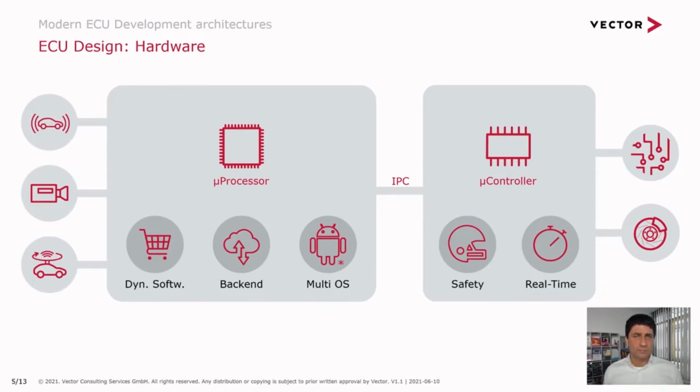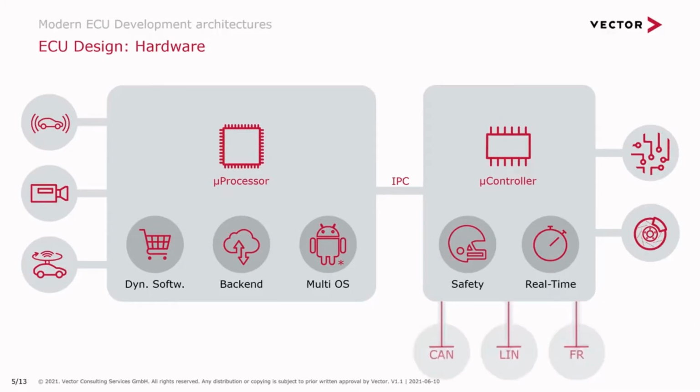On the microprocessor side, we have, for example, sensors which produce a big amount of data and benefit from the high-performance computation of such devices, like cameras, LiDARs, and radars. On the other side, the vehicle bus communication also reflects the difference in the use cases. On the microcontroller side we typically have CAN, LIN, FlexRay, and on the microprocessor side we have mainly Ethernet.